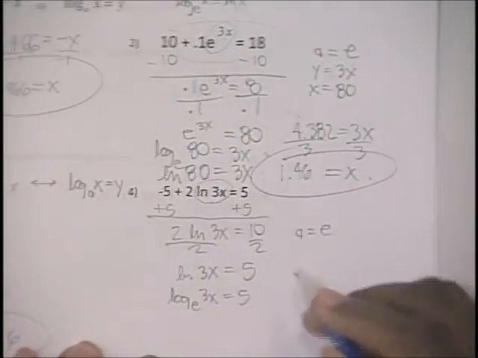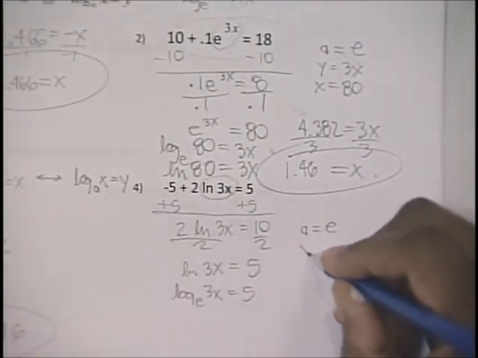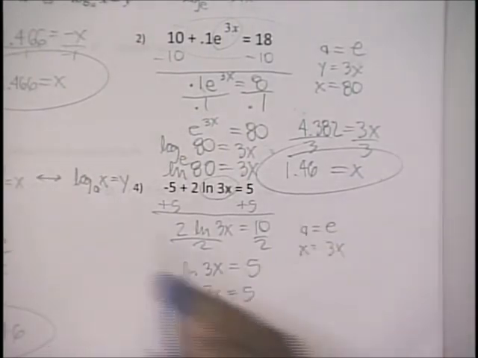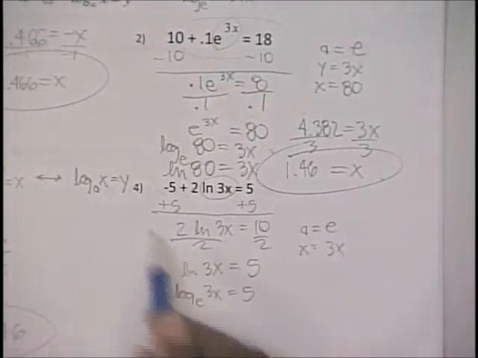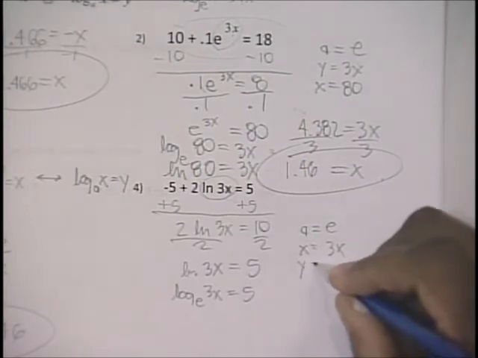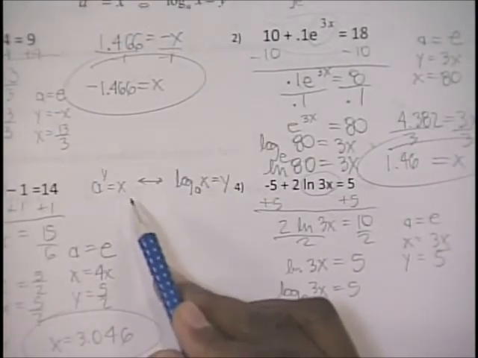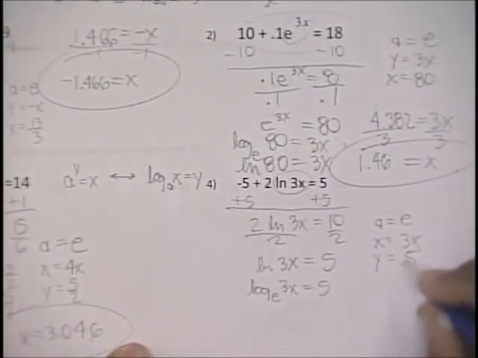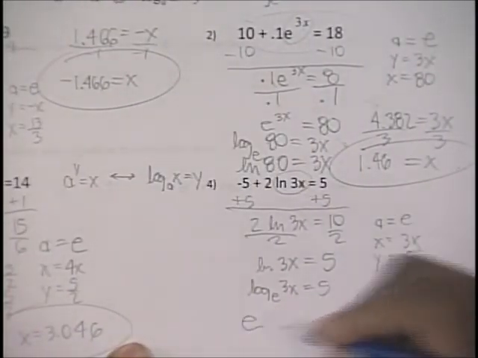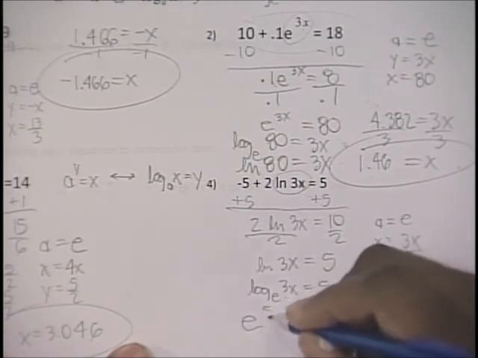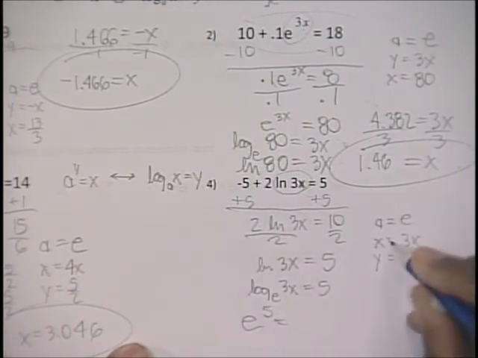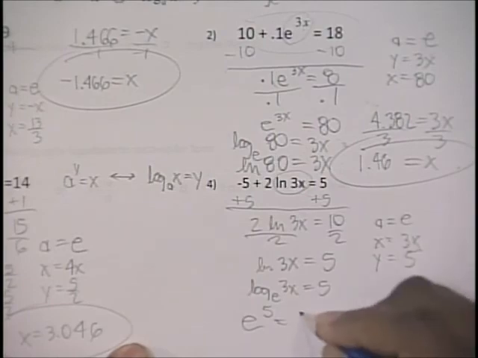So a is e, x is 3x, and y is 5. The only way you solve this is with an exponent. a to the y is x. So you have e to the 5 power is equal to 3x.